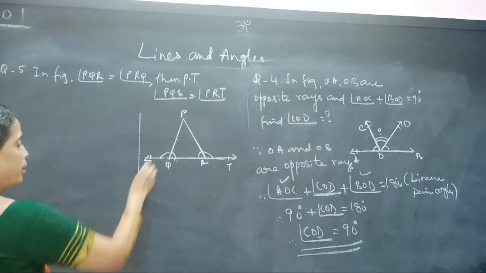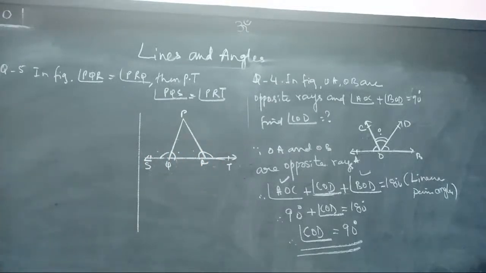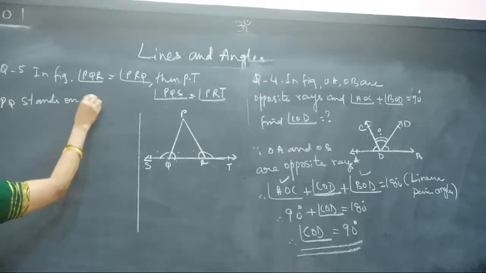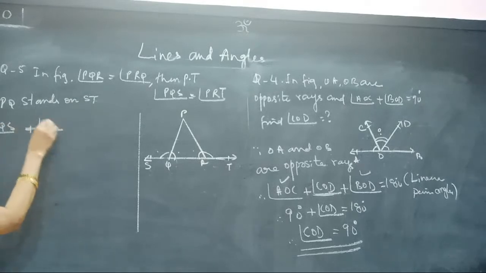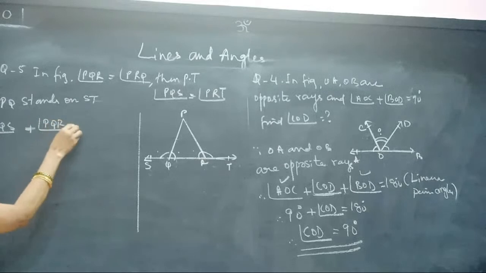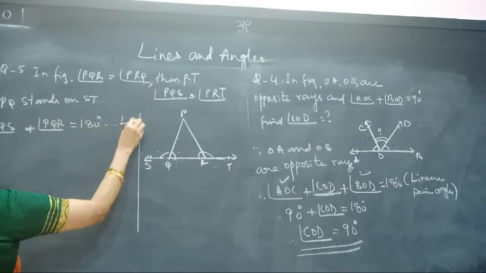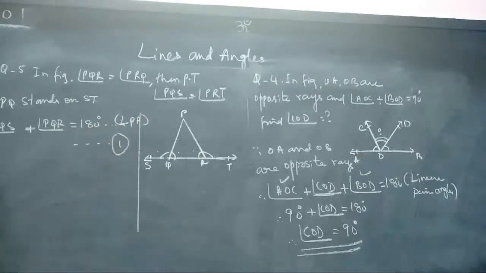So we consider these two angles as a linear pair, and these two angles as a linear pair. That is, PQ stands on ST. Therefore, angle PQS plus angle PQR equals 180 degrees. Linear pair angles. Take it as result 1.